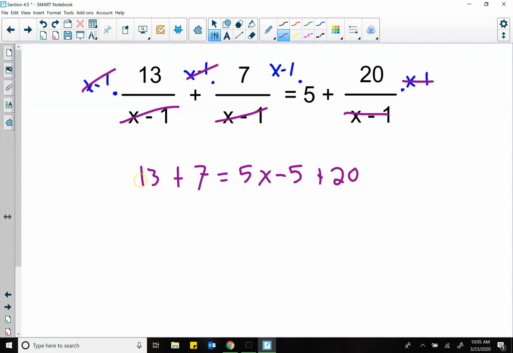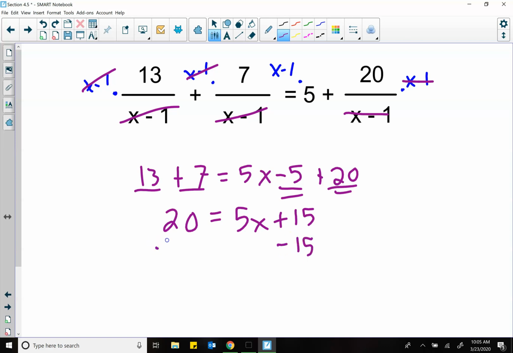So now we need to combine some like terms. The 13 and the 7 will get together over here, giving you 20. Equal to, over here, this negative 5 and this 20 will get together. So that will give us 5x plus 15. And continue to solve, so we will subtract 15, and that gives us 5 equal to 5x.